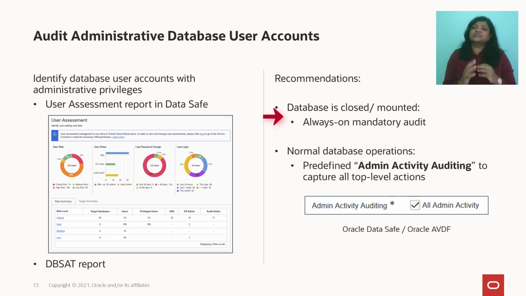Administrative users are audited by default with always on mandatory audit configuration when the database is in closed or mounted state. For monitoring their activities during the normal database operations, consider provisioning the predefined audit policy called Admin Activity Auditing provided in Oracle Data Safe or Oracle AVDF console that helps capture all the top level actions by privileged administrators, including SYS.